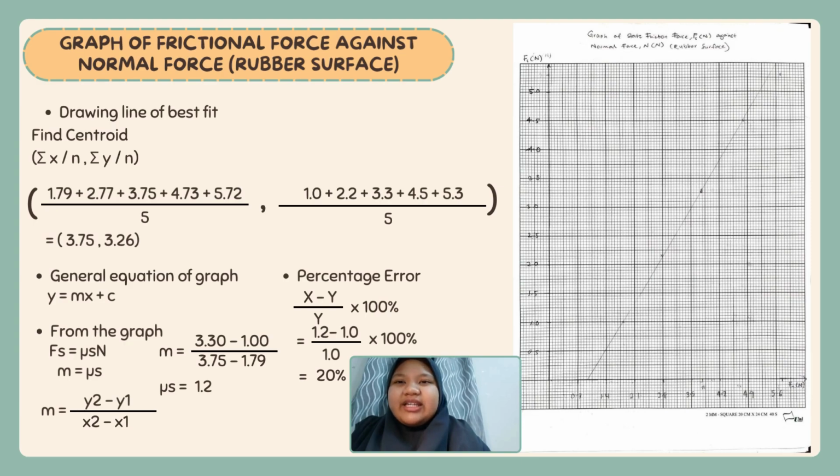subtracting the experimental value from the actual value of the coefficient of static frictional force, and then dividing it by the actual value of the static frictional force, times 100%. I used this formula, and I also went on the internet to find the true or actual value of the coefficient of the static frictional force, or the mu.